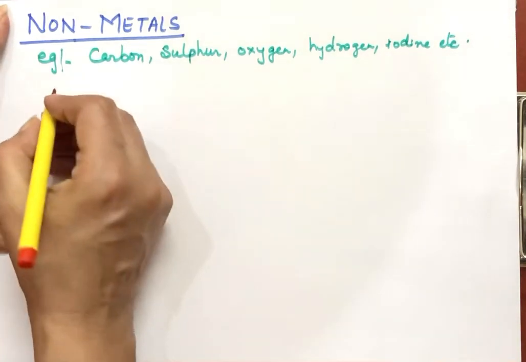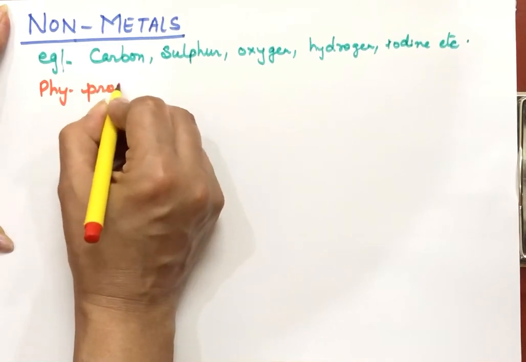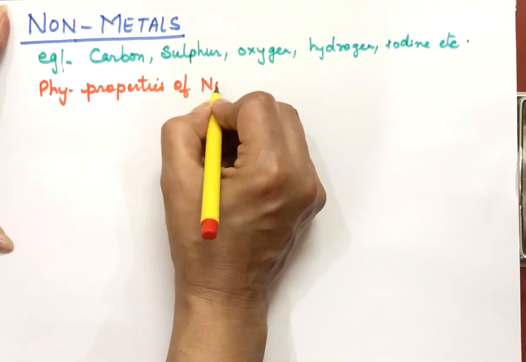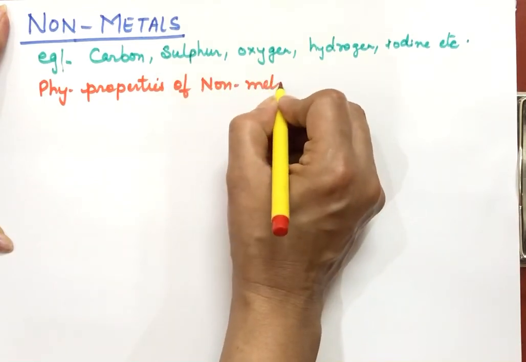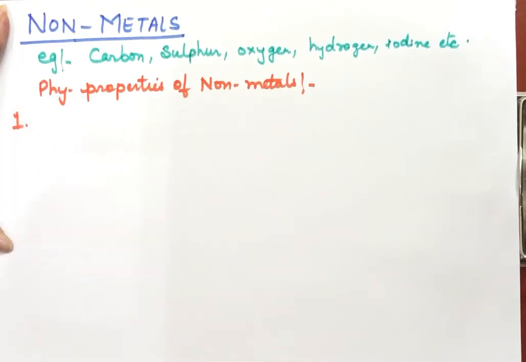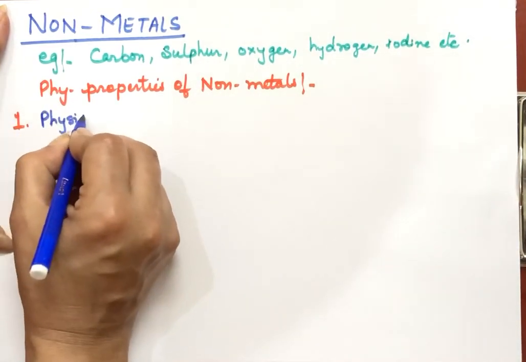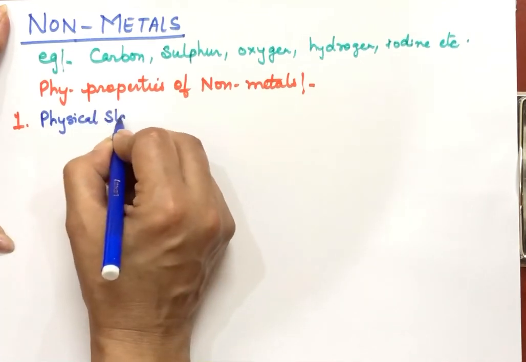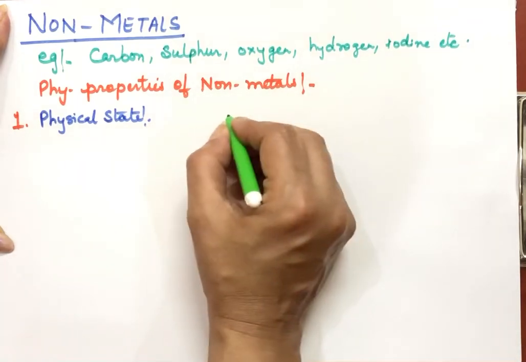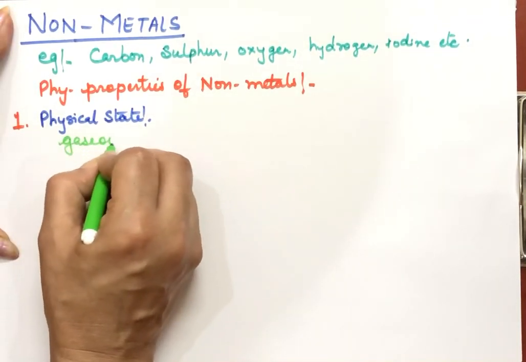Next, we have the physical properties of nonmetals. The first physical property of nonmetals is the physical state. Like I just said, most nonmetals are in a gaseous state at room temperature.